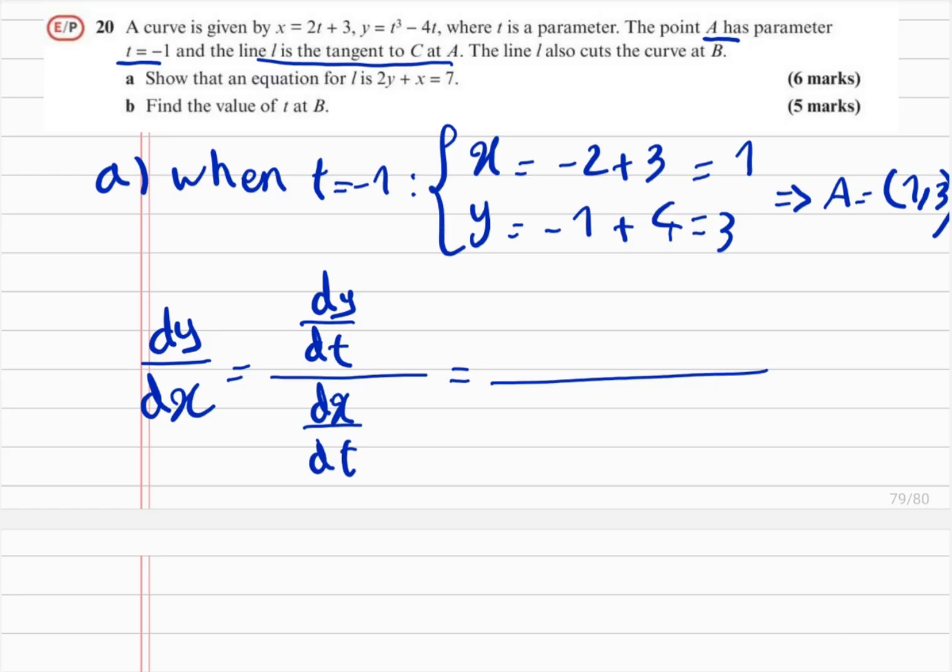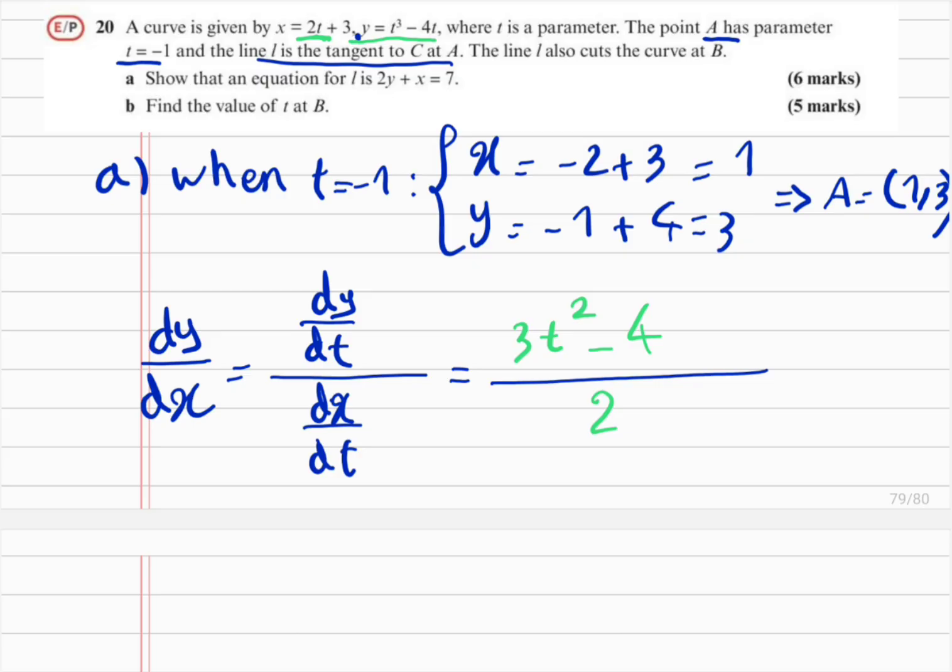So dy by dt is equal to, because y is t cubed minus 4t, dy by dt is simply 3t squared minus 4, and then dx by dt is simply just 2. That's it, because 2t differentiates to 2.